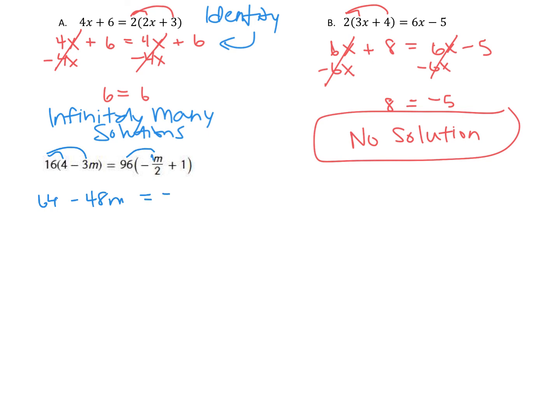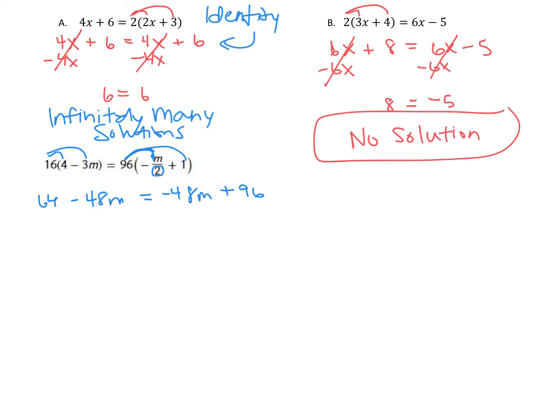This is a 1/2 m, so you're multiplying with a fraction. So you can do 96 times 1, which is 96, and then you divide by the bottom number. 96 divided by 2 is 48. And then the m will just come on down. All right, 96 times 1 is a positive 96.